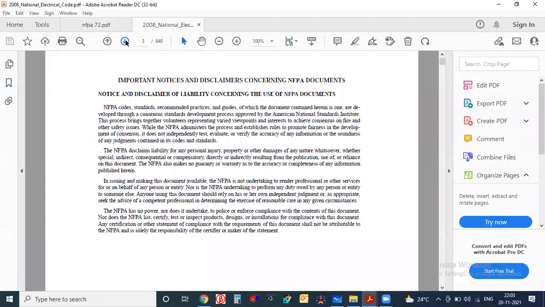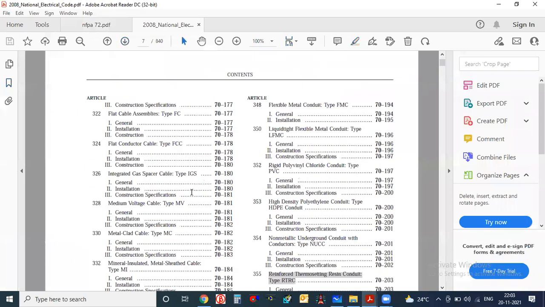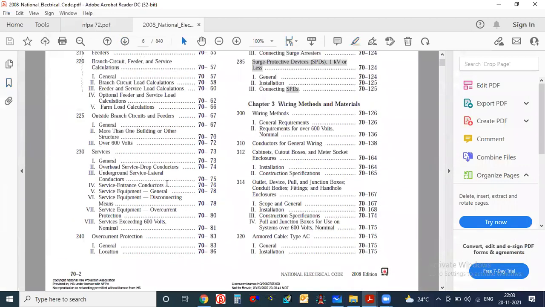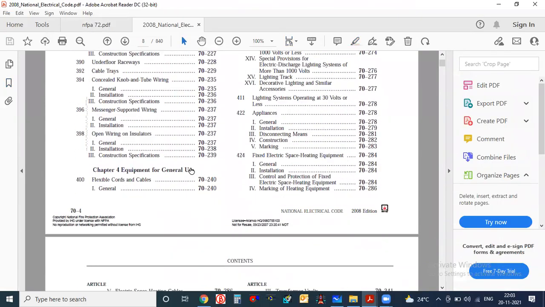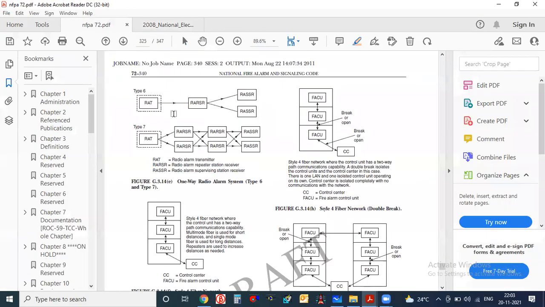This is also a very big book, and it talks about everything in the electrical system, but you can search for the fire alarm system here also. You just need to check what they have given about the fire alarm system, because in this NFPA 72 book, you will find references telling you to go to NFPA 70 or NEC, National Electric Code, for the electrical requirement.